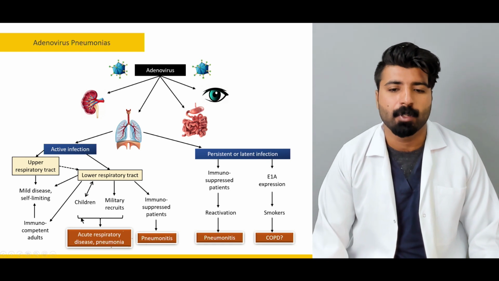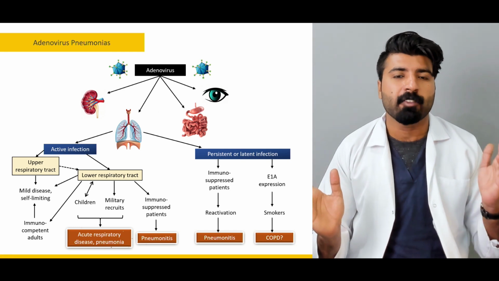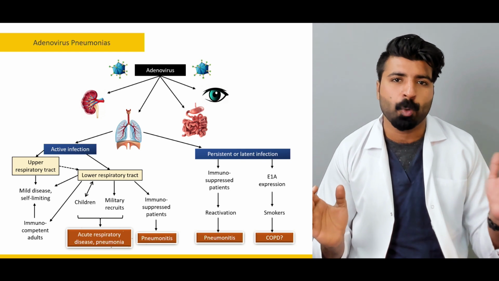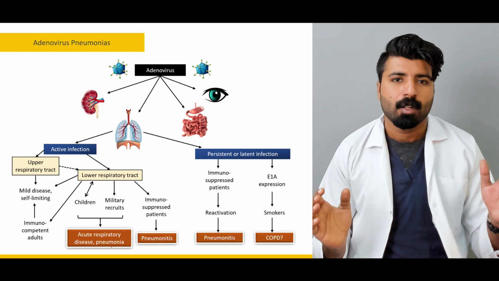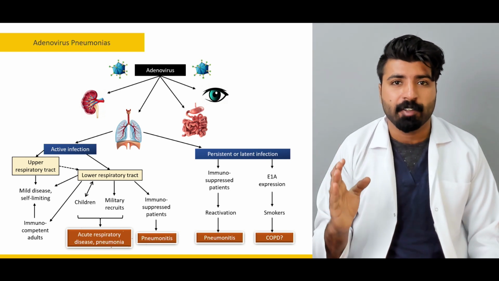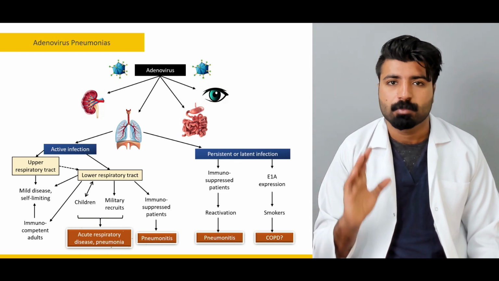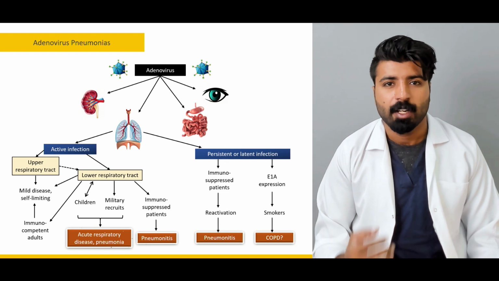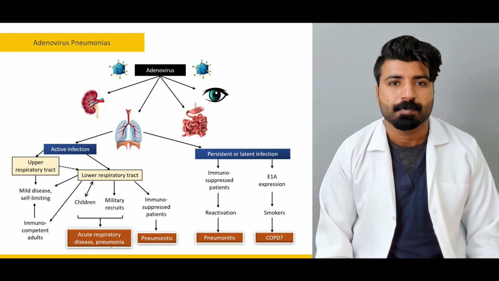So that's what happens if adenovirus gets in. It's going to affect the upper and lower respiratory tract. In the upper respiratory tract, the disease is self-limiting. It will resolve itself. It won't need any medication or any kind of help. But if the infection is of the lower respiratory tract, it will get resolved if the patient is healthy and the immune system is working. On the other hand, if the immune system is compromised, the patient will get pneumonitis.